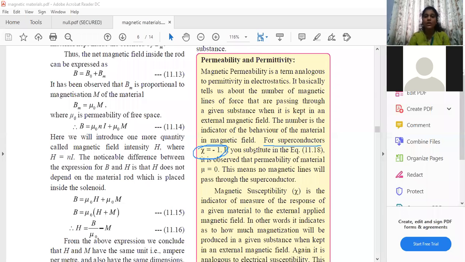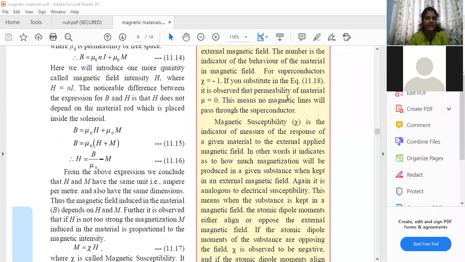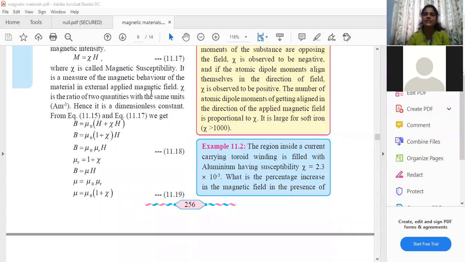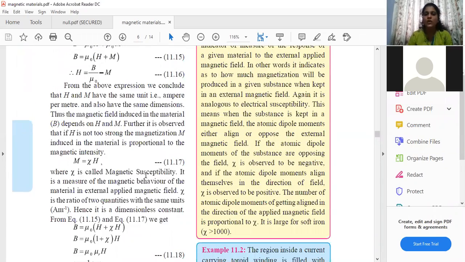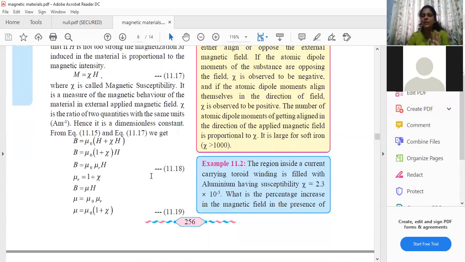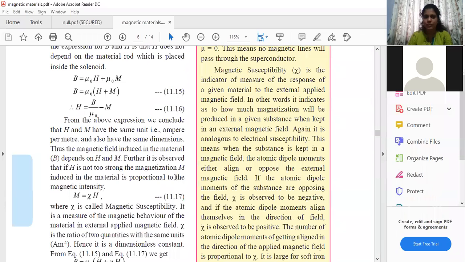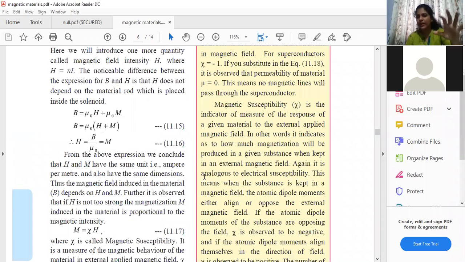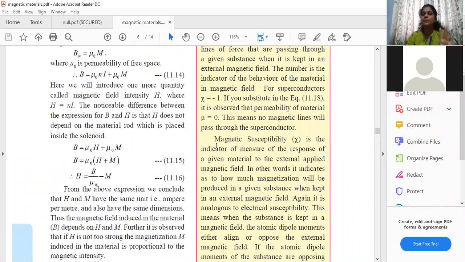It is negative. If you substitute it in equation 11.18, what is equation 11.18? It is this equation: B is equal to mu naught into mu r into H. So if we substitute, it is basically B is equal to mu into H. Let us not get into the calculations, but for superconductors the permeability value mu is 0.